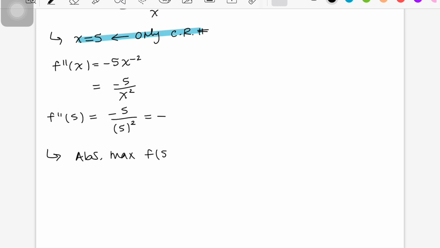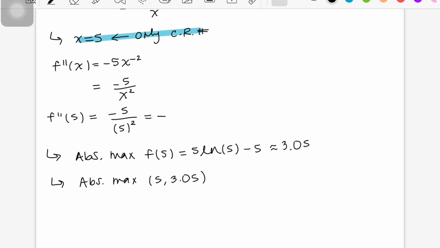So evaluating our function at this point, this is going to be approximately equal to 3.05. And so this tells us we're going to have an absolute maximum at this point here. All right, so that'll be it for this video.